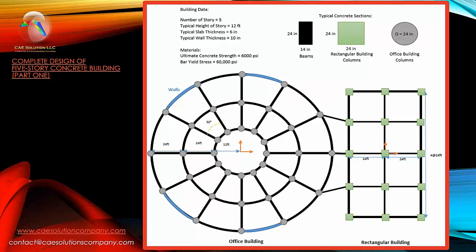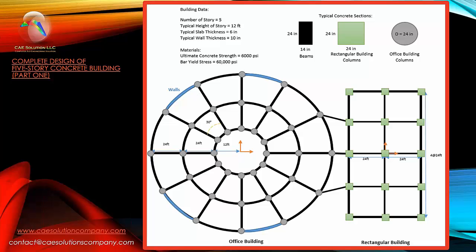Typical slab thickness is 6 inches, and the walls are 10 inches thick. The material will be concrete with an ultimate compressive strength of 6,000 psi or 6 ksi. Also, the reinforcement steel has a yield strength of 60,000 psi or 60 ksi.